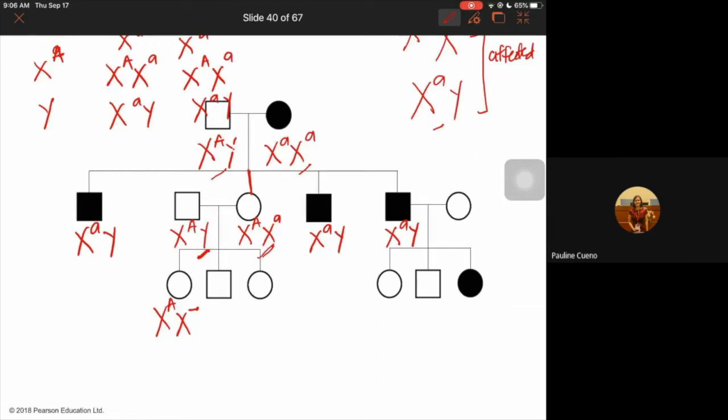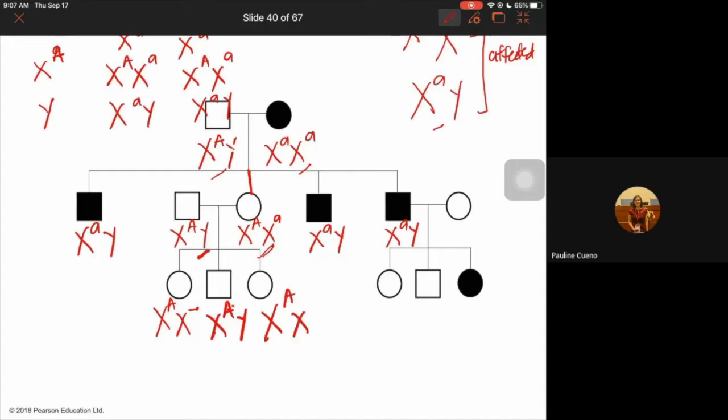You might just see some references with X capital A and X blank. So that is what it means. There are two possible genotypes. But you can clearly specify it since there is no next generation. And then the next one, this male is X capital A, Y. And then for the circle, the last offspring, this one would be X capital A, then X blank.